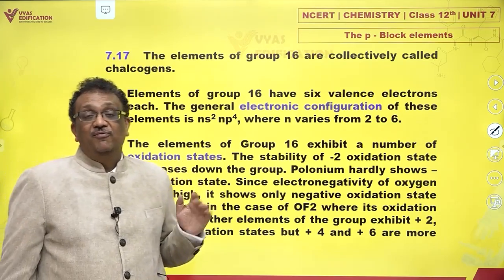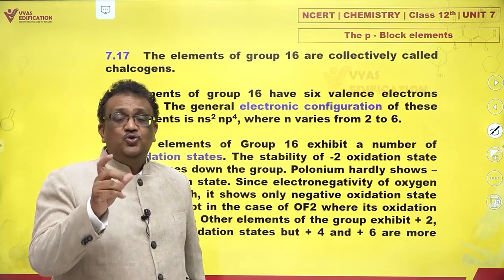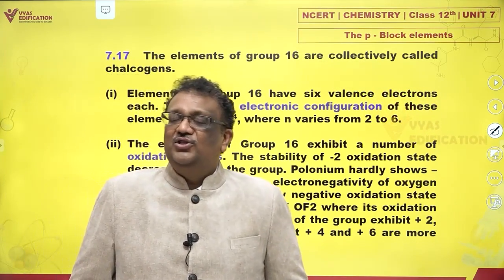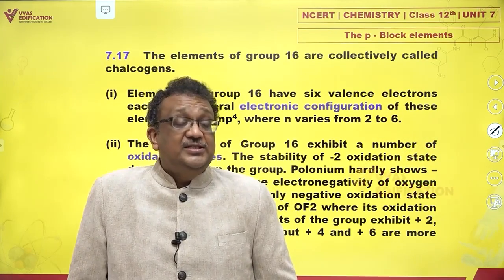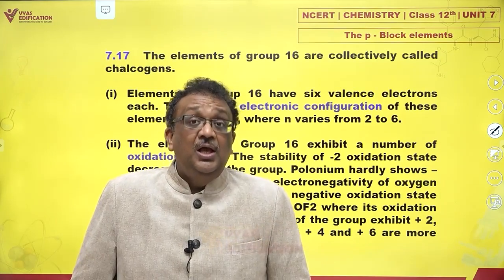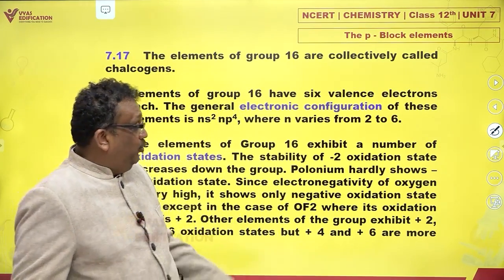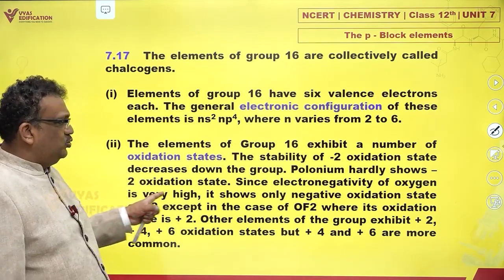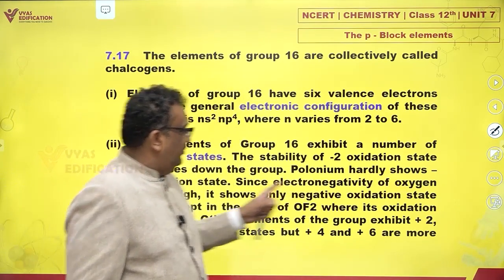They have a number of different oxidation states, -2 being the lowest. Oxygen loves to stay in -2. Sulfur, selenium and tellurium can visit -2. They can remain in -2. Yes, polonium is a metal and polonium hardly shows -2. Don't get confused.